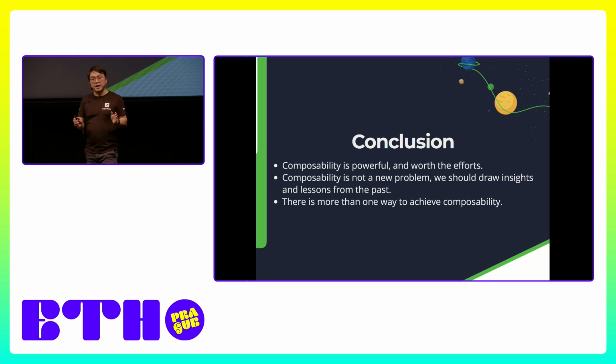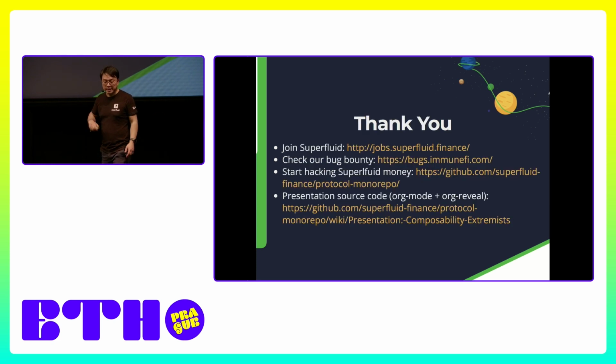And it's not a new problem. I would encourage everyone to look into other non-crypto industries, how the history evolved regarding composability, and learn from them. We can draw insights from the past. And there's more than one way to achieve composability. So that's my conclusion today.